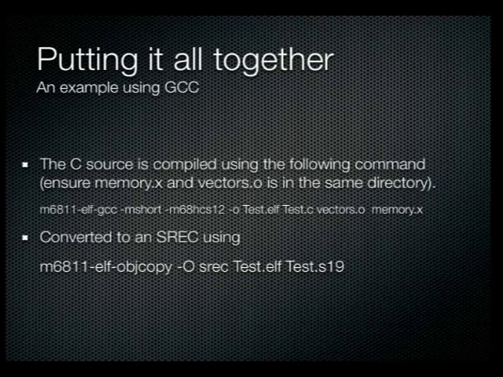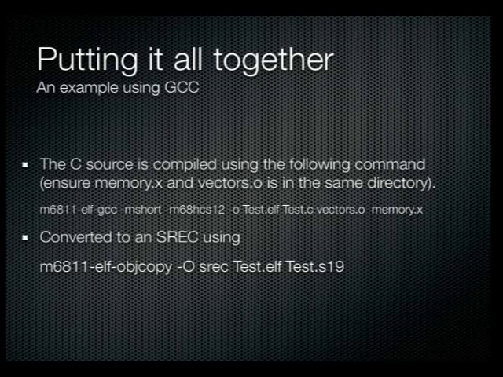I define the architecture type to be my processor's; that's what the two -m options are. I include my vectors.o and my memory.x file, and I simply hit that line, and it will make an ELF executable of my binary program that I've written. So it'll make an ELF binary executable of my C code.